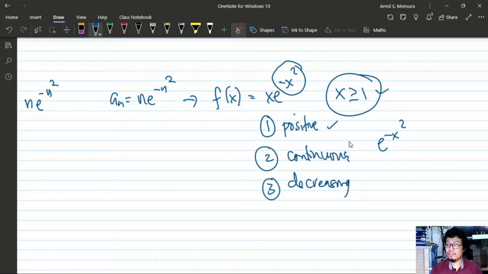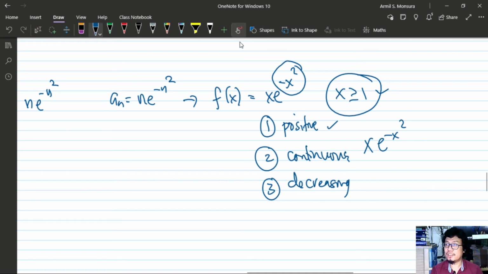So even if you multiply that with x, that function is still a decreasing function. So that's one way to argue that the function is actually a decreasing function.